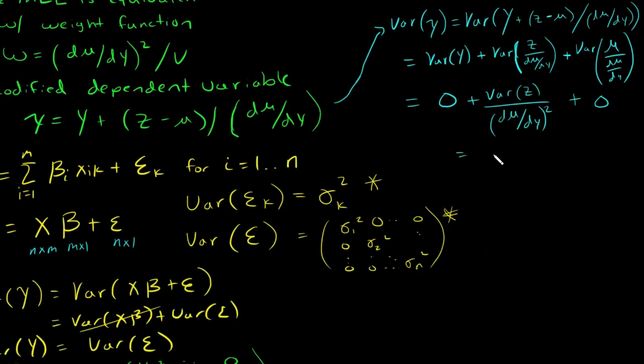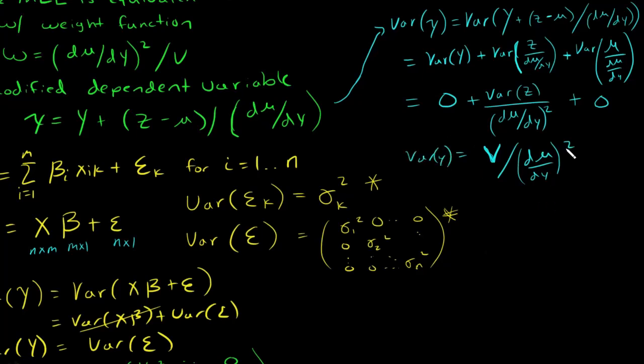Okay, so we get the variance of z, which I think in our paper we've defined to be capital V, over d mu dy squared.